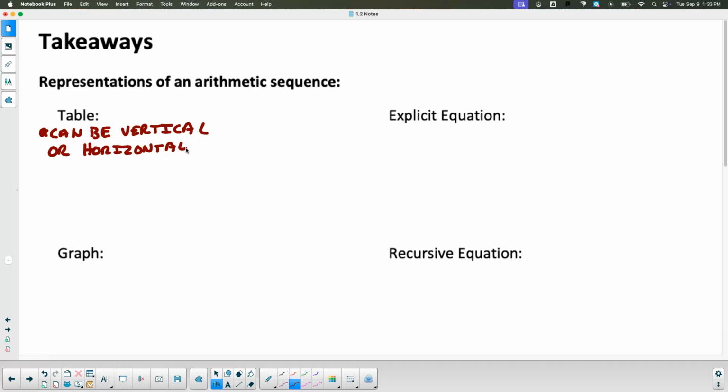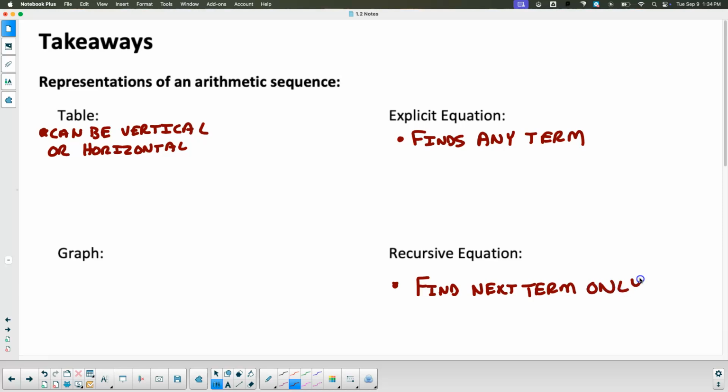An explicit equation finds any term, and a recursive equation finds the next term only. So an explicit equation finds any term that we want. A recursive equation finds the next term only.